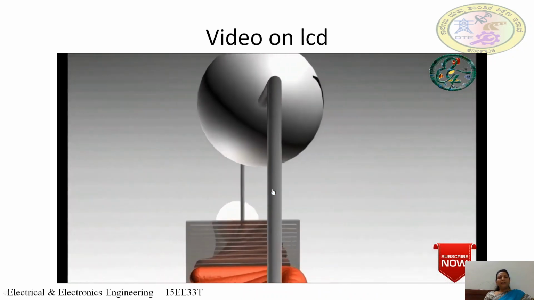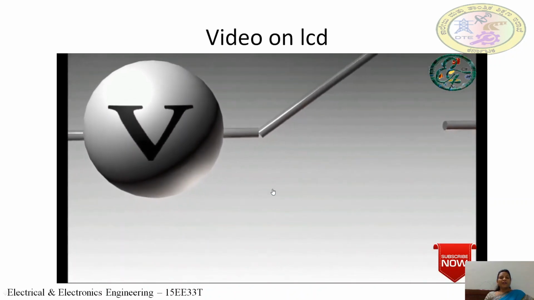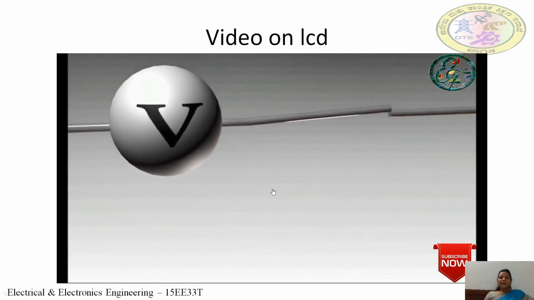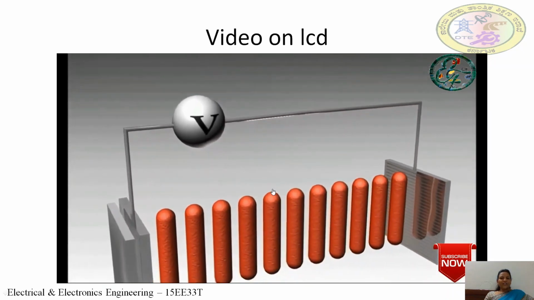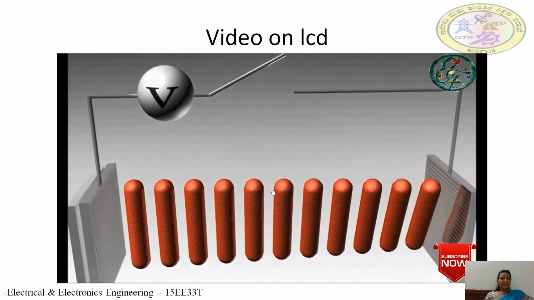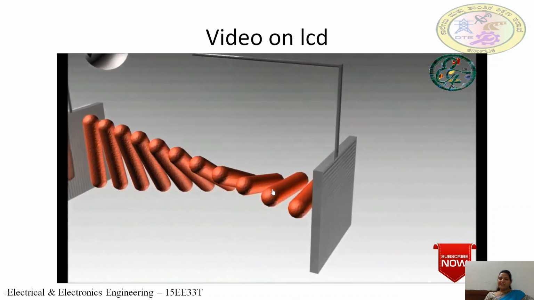So when you apply some electric potential to this liquid crystal, what happens? They become untwisted. As you can see here, the molecules are now untwisted. When you remove the electric supply, again they become twisted.